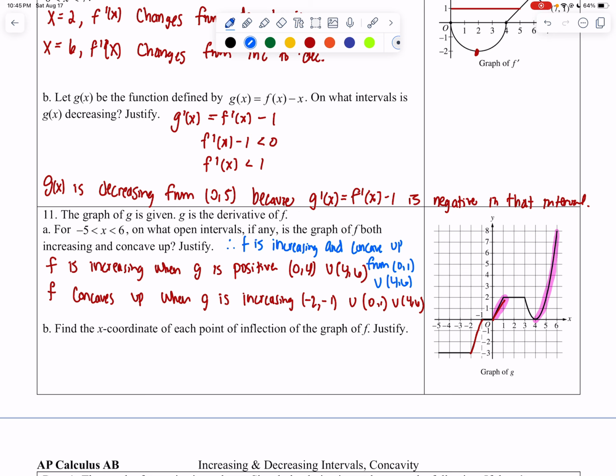Part B says, find the x-coordinates of each point of inflection of the graph of f, and then we want to give our reason. So remember that we want to see where our graph of g is going from decreasing to increasing, or vice versa. So f has an inflection point. Let's see, where are we going from decreasing to increasing, or vice versa?